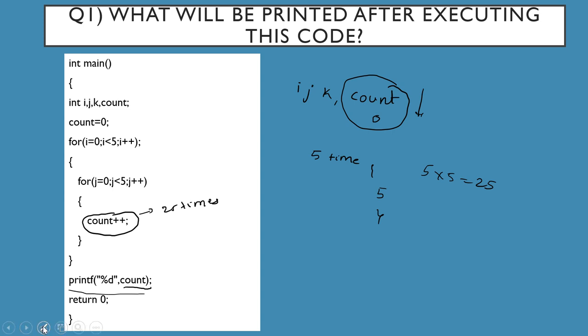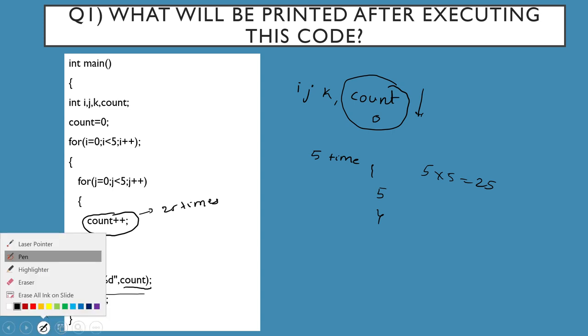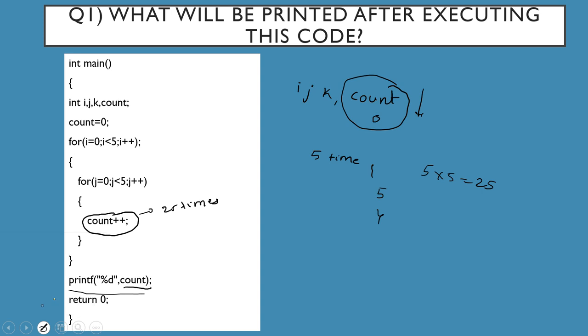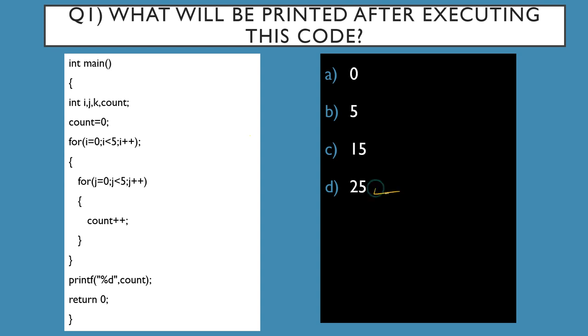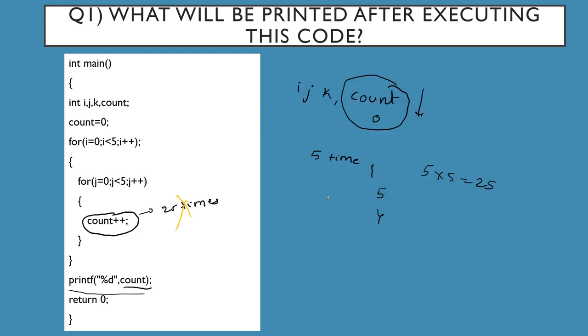If you think that is correct, I'm afraid to tell you that you're wrong, because this will not run 25 times. If you were to mark the answer as 25, you're wrong, because you missed an important part. Whenever you are trying to read pseudocode, the important part that you miss is this semicolon here.